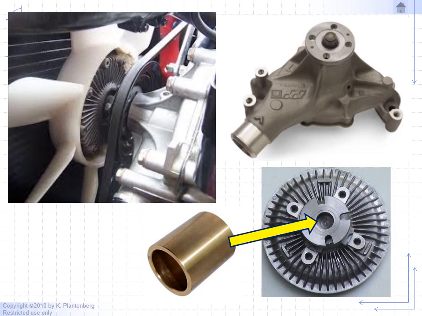Simple examples are replacing an old water pump, a pulley, or a belt on your vehicle. Here's another example, replacing a fan clutch or maybe a simple bushing that goes inside the hole, or replacing some of the electrical on your vehicle.